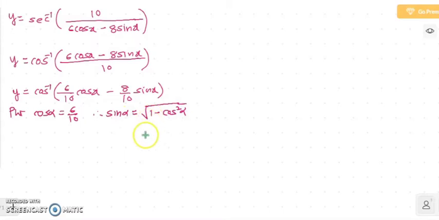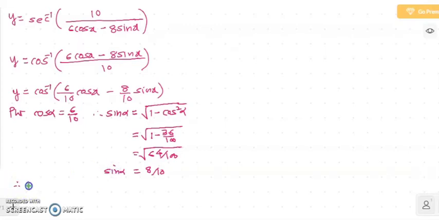Formula is sin alpha is equal to root of 1 minus cos square alpha, which is root of 1 minus, cos alpha is 6 by 10, square is 36 upon 100, which is equal to square root of 100 minus 36 is 64 upon 100, which is square root of 64 by 100 means 8 upon 10. This is sin alpha.